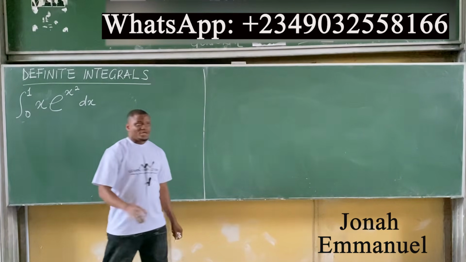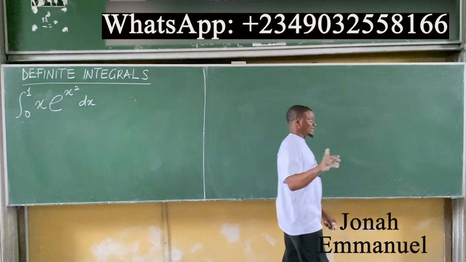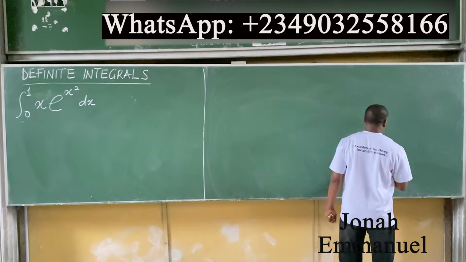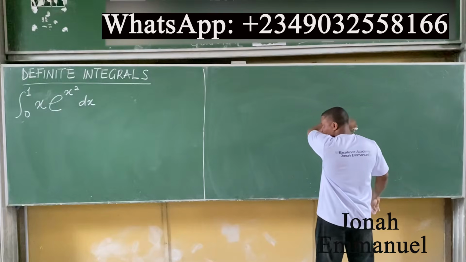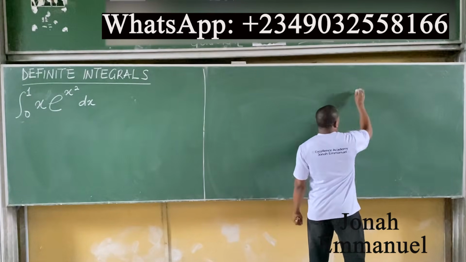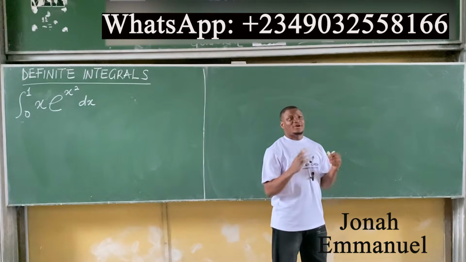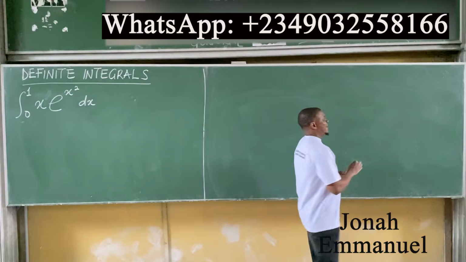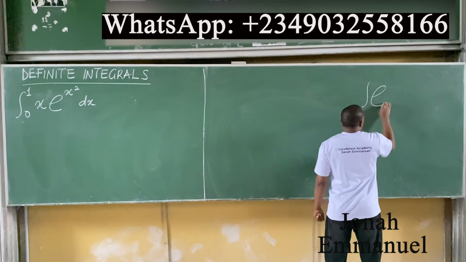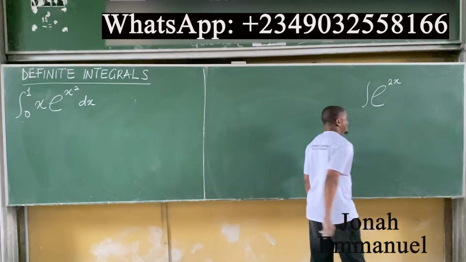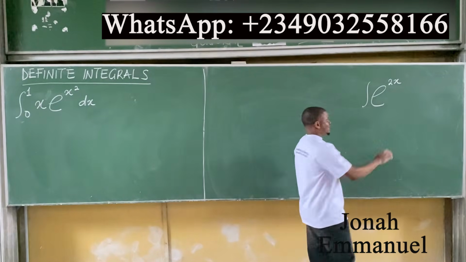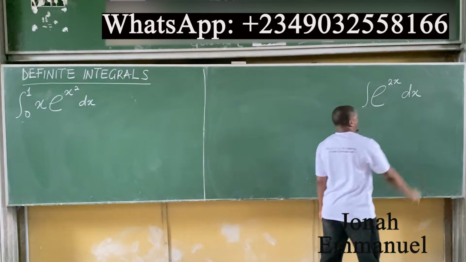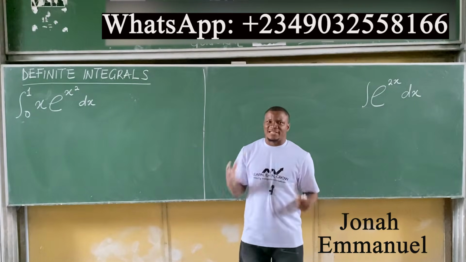So when it comes to integrating exponential terms, let me give you an instance, and a shortcut. If I have to perform the integral of exponential 2x dx, how do you integrate an exponential term? The concept is very simple.